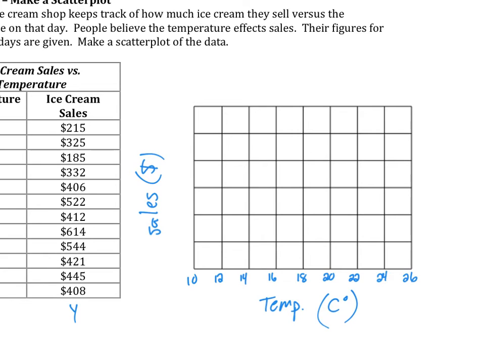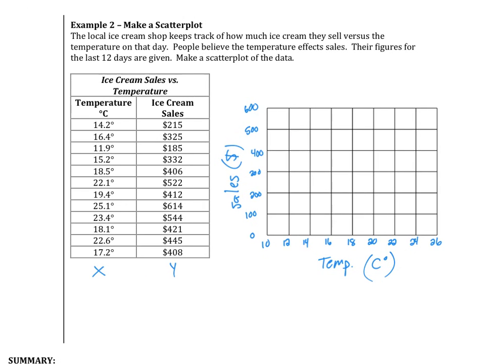On the side, we'll start with 0 sales, $100, $200, $300, $400, $500, and up to $600. That should cover the numbers. The first one is 14.2 degrees and $215. So 14.2 and then go up to 215. Again, this is just a rough estimate, so it's going to be right about there.